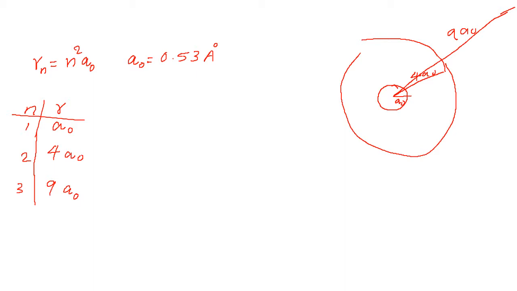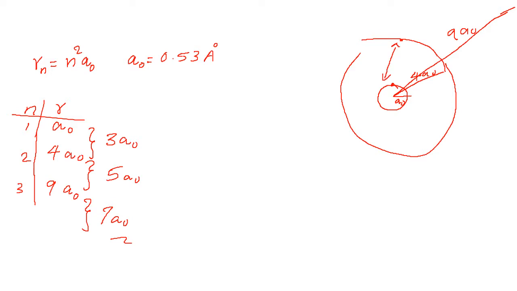So please note that the radii are not equally spaced. For instance, the distance between the first and second orbit is just 3a0, while the distance between the third and fourth orbit is 5a0, and for the next one it will be 7a0, so on and so forth. That means the radii are not equally spaced, and electron can either revolve at this particular distance or at this distance. In between these two, electron cannot exist.